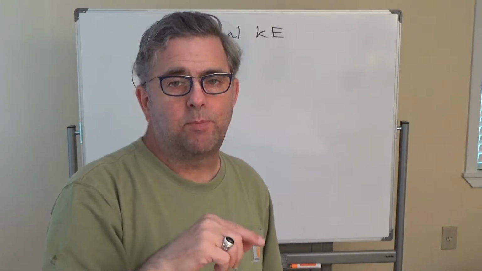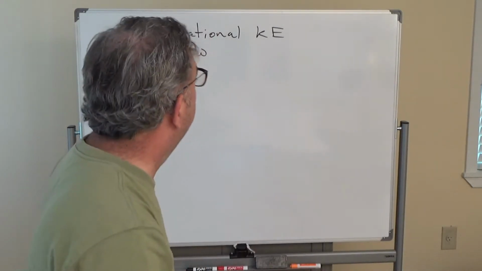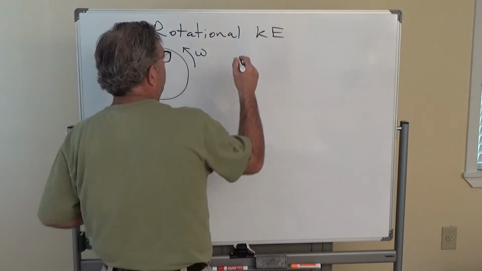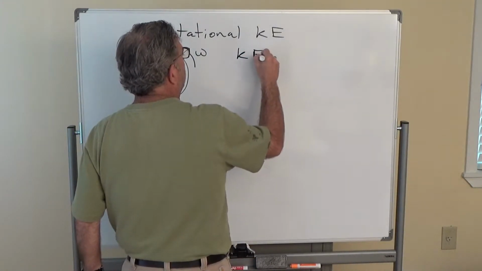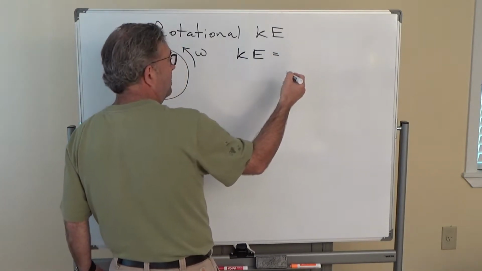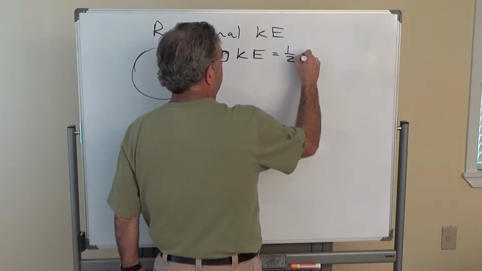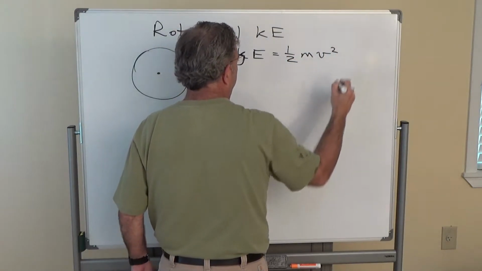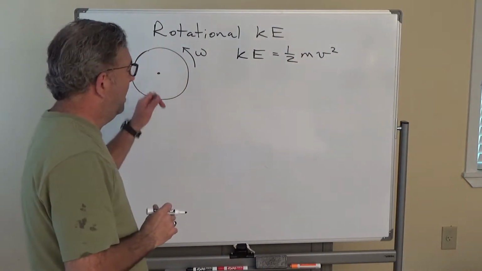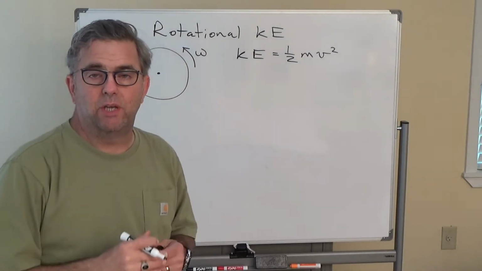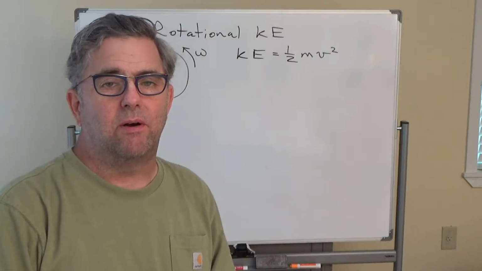And we have an expression for kinetic energy of an object, just a point mass or center of mass of an object, 1/2 mv squared. But in the case of a rigid object under rotation, all of those velocities are different.